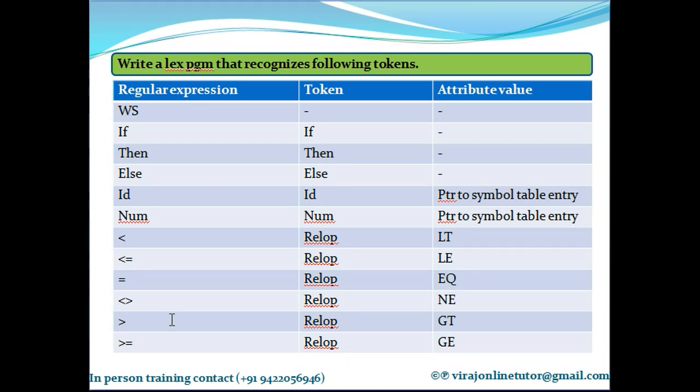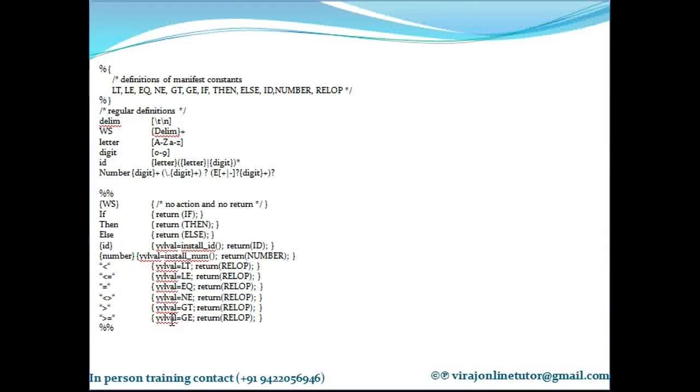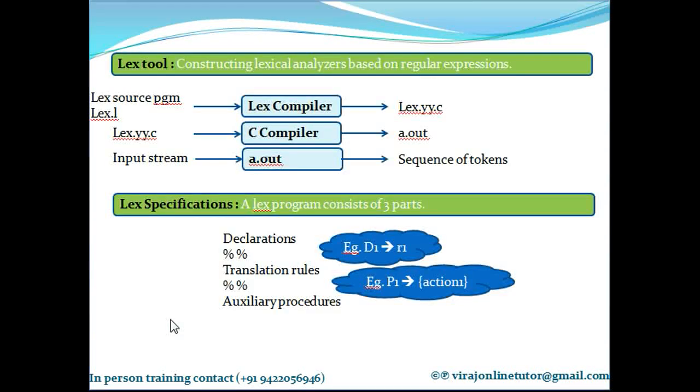So now let's write a program to identify all these tokens using these 3 parts of your Lex program. What's the extension of the Lex program? .l, right? So in the diagram that we had seen, this is the lex program that we are writing now, lex.l.